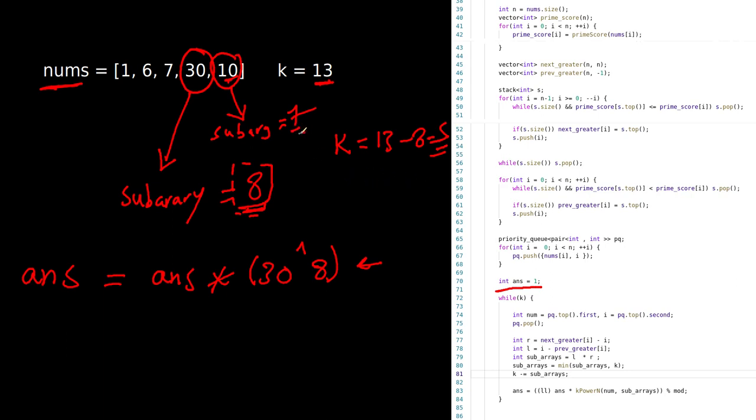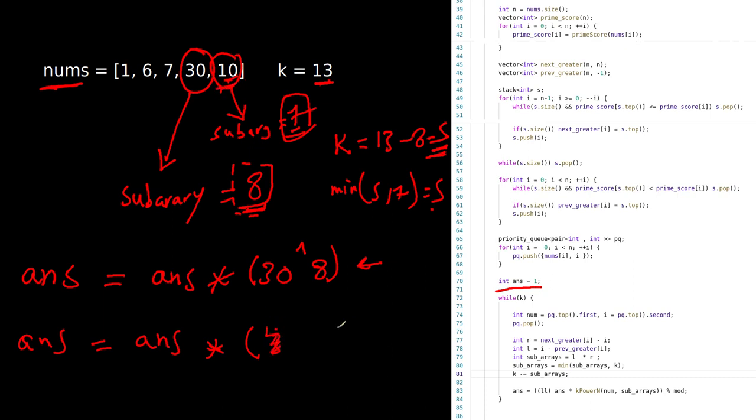So we can use 10 seven times, but we need only 5 times. So we take the minimum of 5 and 7, which is 5. So answer equals answer multiplied by 10 to the power 5. Then k will be 5 minus 5 equals 0.